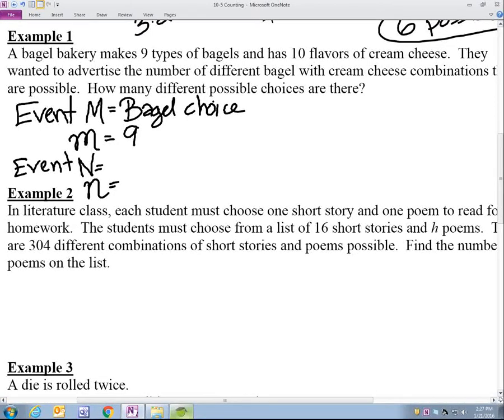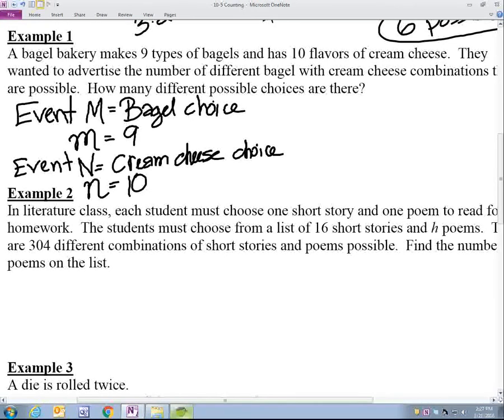Next we have a second event. Andrew, what's that one? That is the flavors of cream cheese. And there are 10 of those.